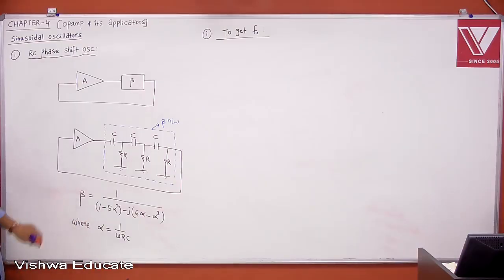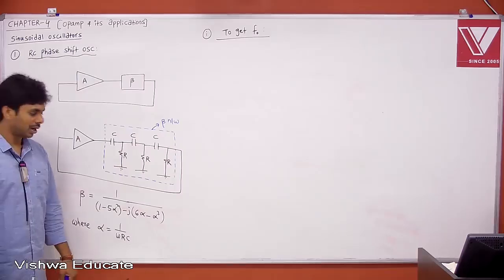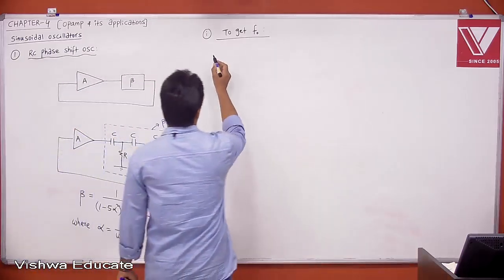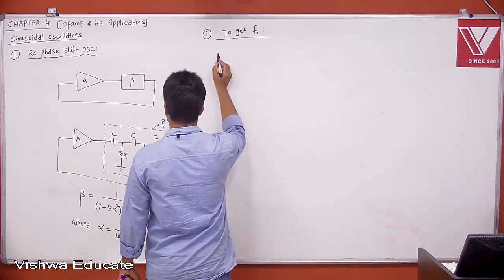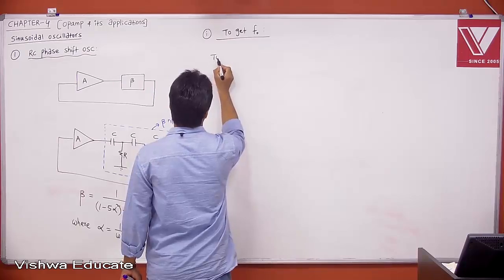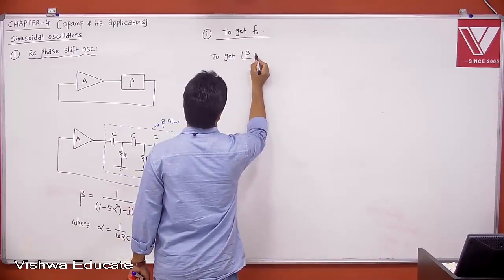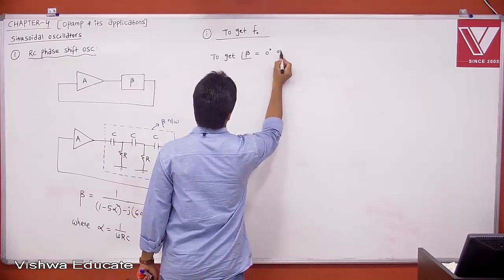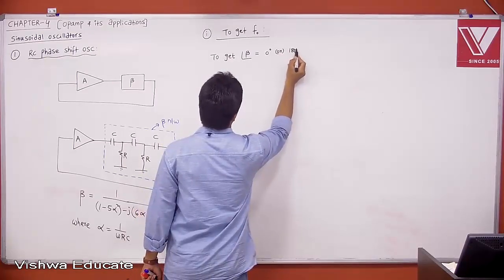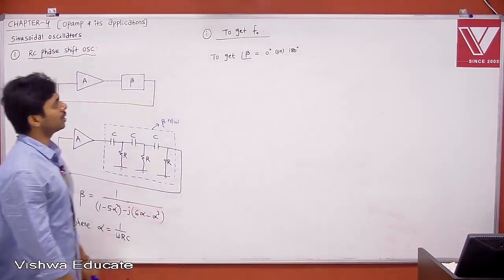Now, I want to make beta independent of j, to get the angle of beta 0 degrees or 180 degrees.